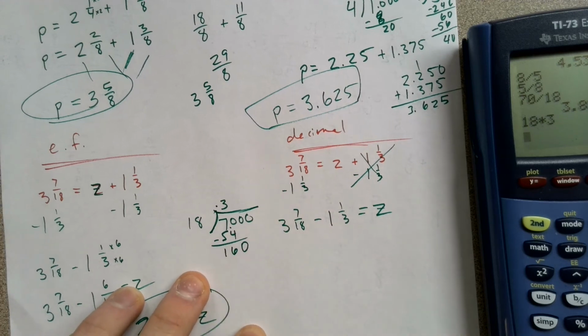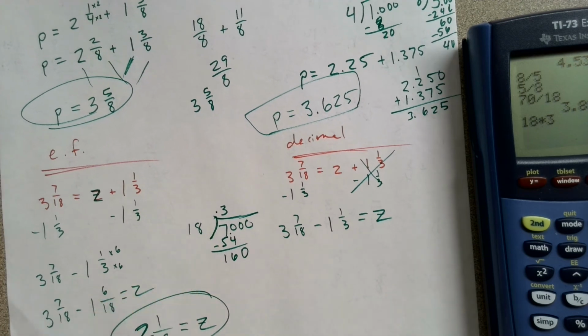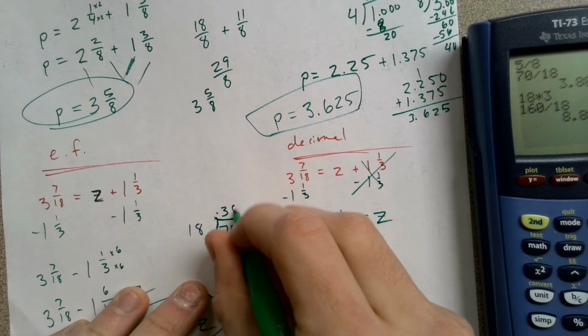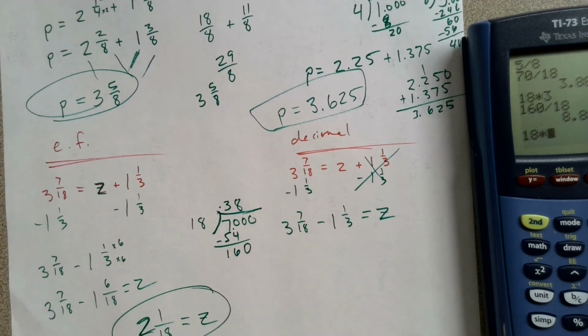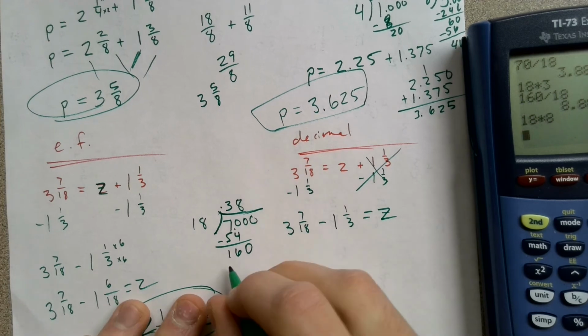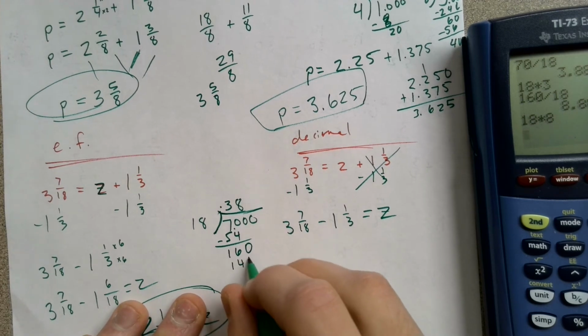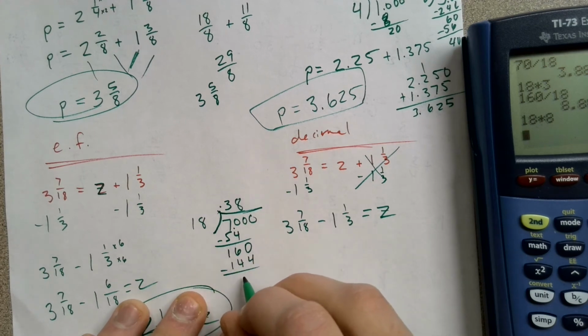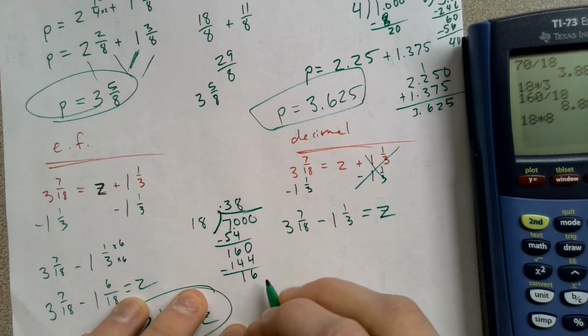Carry on the 0. We get 160. It's going to go in 8 times as 144. Track that out. Going to leave behind, again, 16.